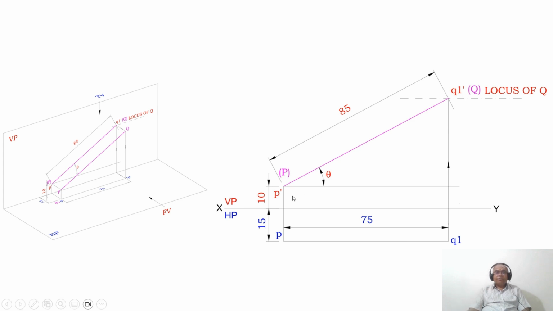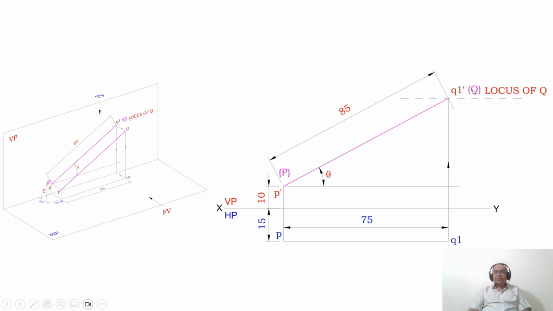So by using the compass with P dash as center, take the radius of 85, cut an arc on this vertical projector, draw a horizontal dash dot line, and you mark this point as Q1 dash. Then join P dash Q1 dash a little bit thicker than the XY line.